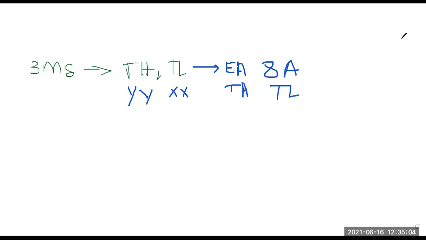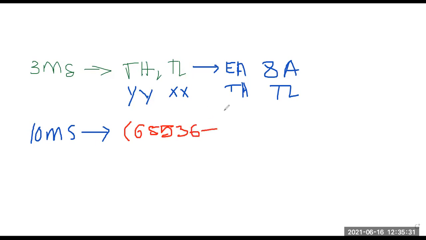Okay, now similarly you calculate for 10 millisecond. So 65536 minus 10 millisecond divided by 0.546 microsecond.